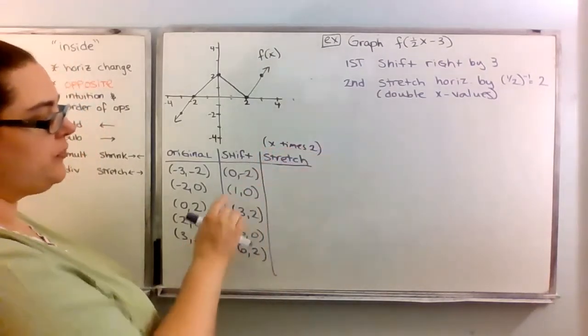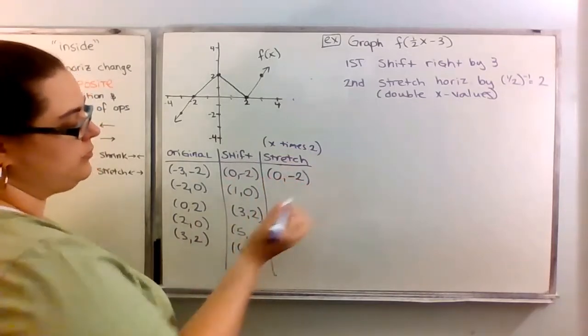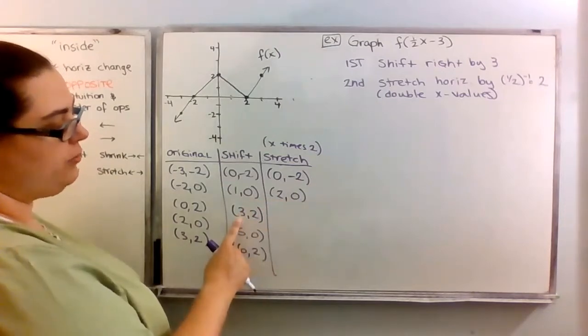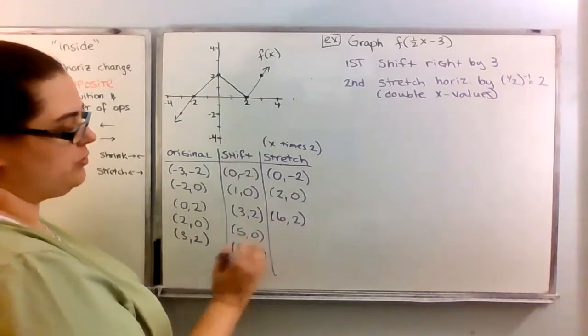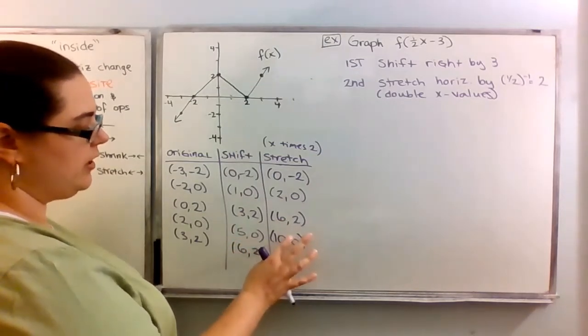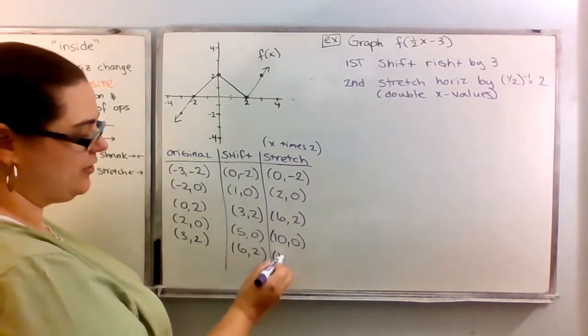That's my reference here. So 0 times 2 is 0. 1 times 2 is 2. 3 times 2 is 6. 5 times 2 is 10. Oh, goodness. And then 6 times 2 is 12.